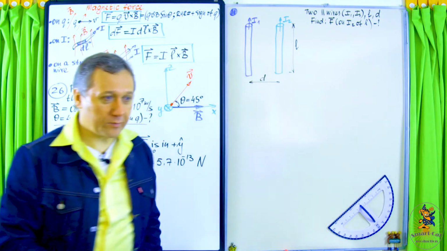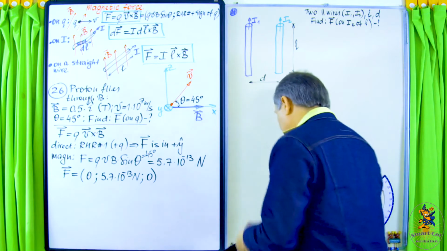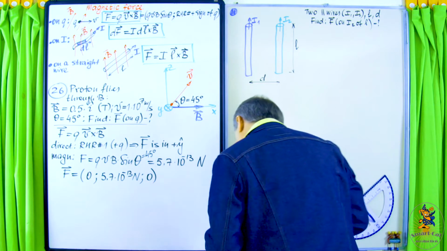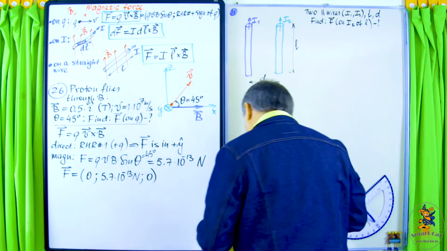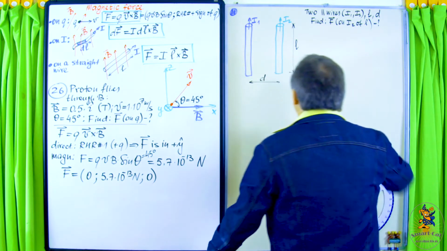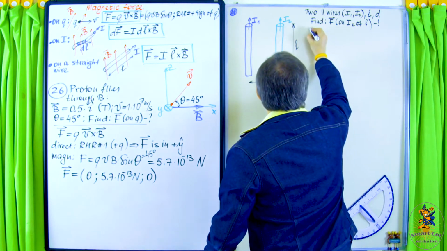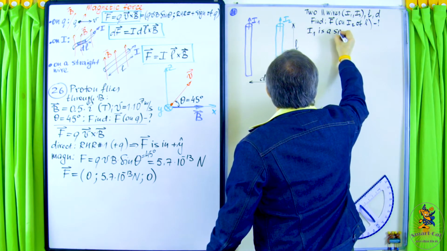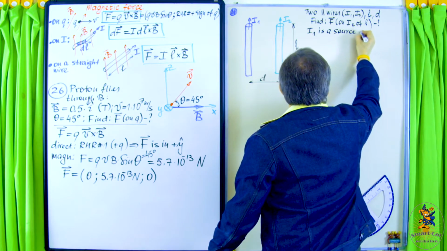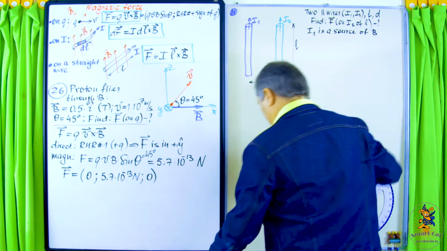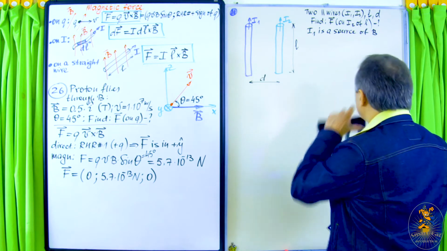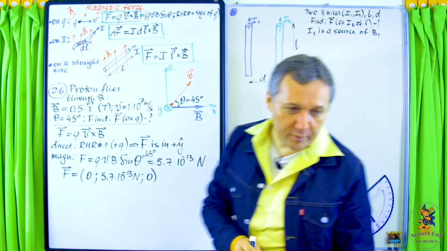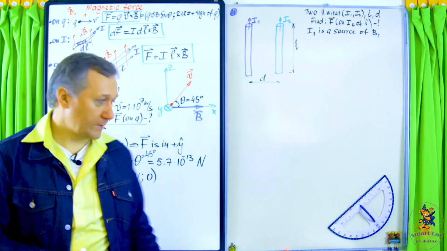Source, object. I wrote what needs to be found. In this case, I1 is the source of the magnetic field, and since it's for the first wire, let me put the subscript: B1.